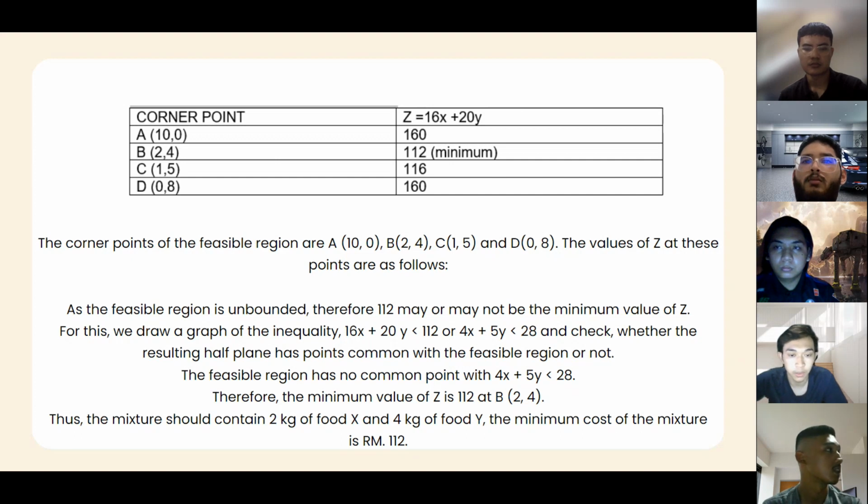The feasible region has no common point with 4x plus 5y less than 28. Therefore, the minimum value of Z is 112 at B (2, 4). Thus, the mixture should contain 2 kg of food X and 4 kg of food Y. The minimum cost of the mixture is RM 112.